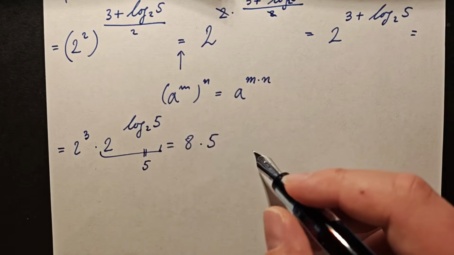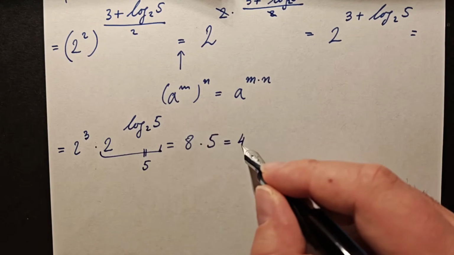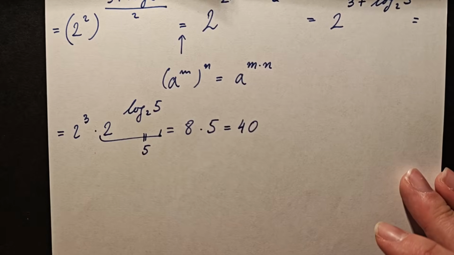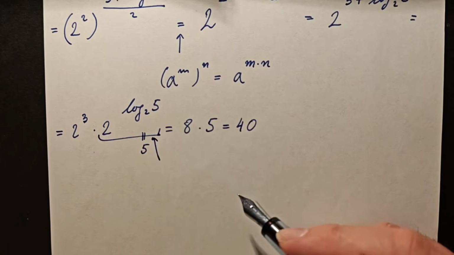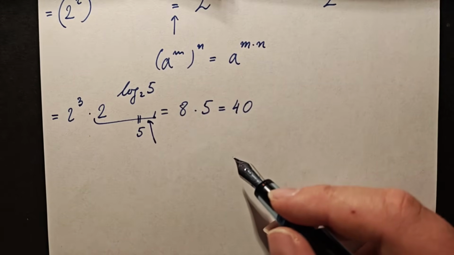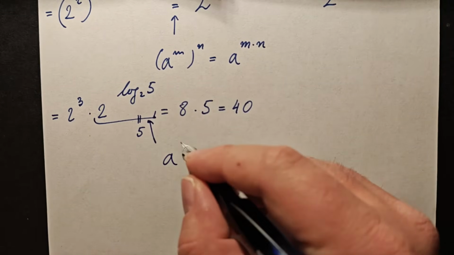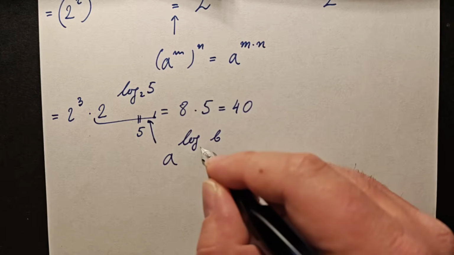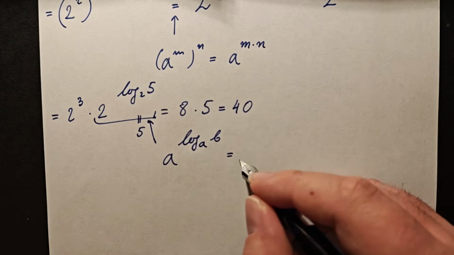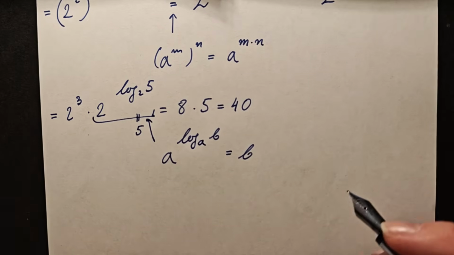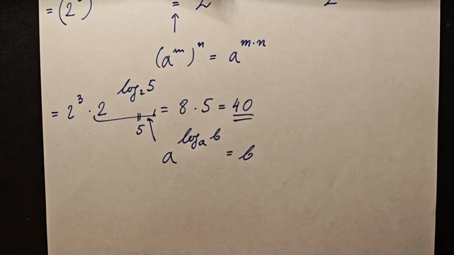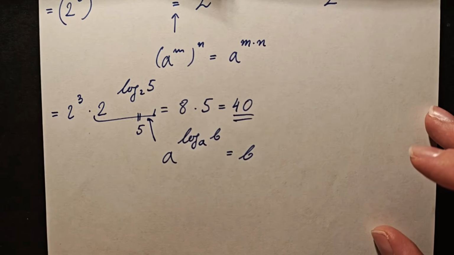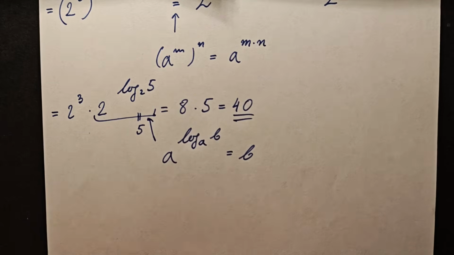So this is going to be multiplied by 5, and at the end it gives us the result of 40. Of course, in this position here, I have used the property of a logarithm: a to the power of logarithm of b for the base of a is just equal to b. And this number 40 here, which we got, is exactly what we have needed. So the result which we have for x is the correct solution.